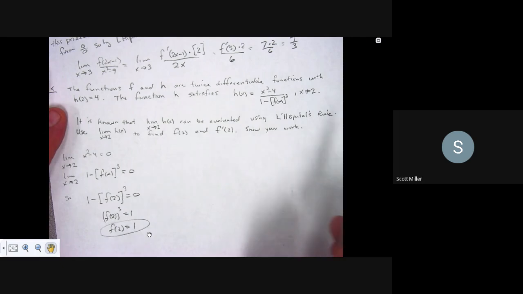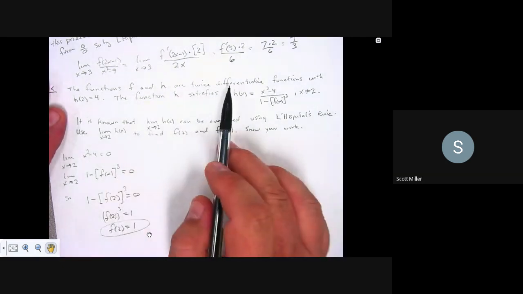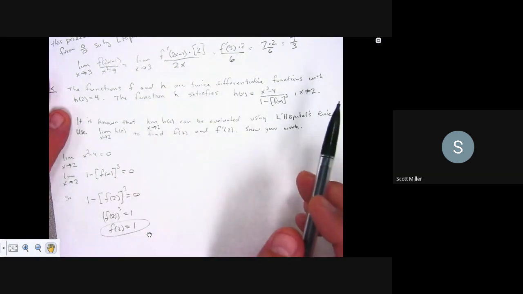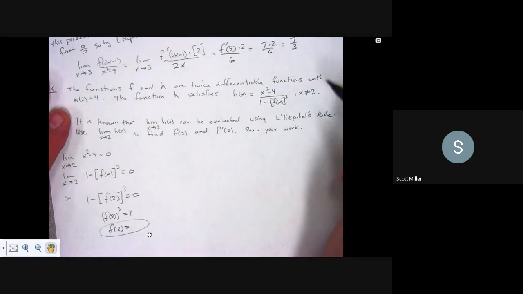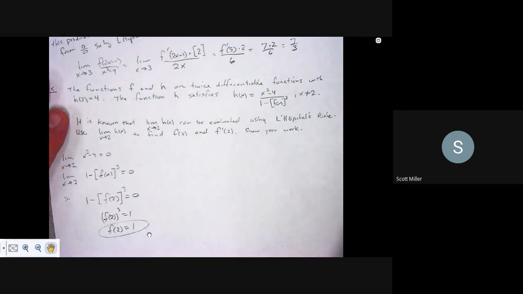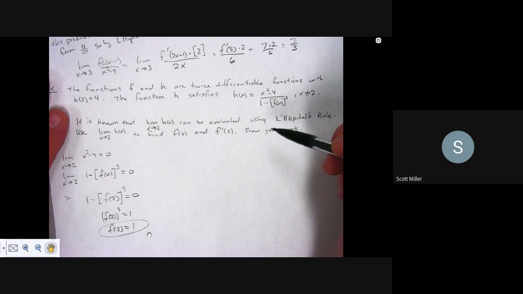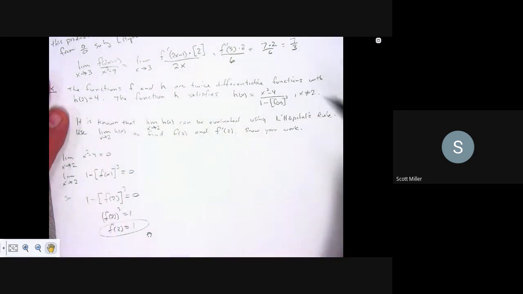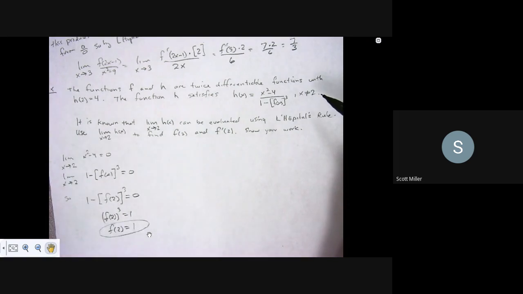The next one here is I told you that h is a differentiable function. Okay? So that means it is differentiable at 2. And h of 2 is 4. And if it's differentiable at 2, then it is also continuous at 2.